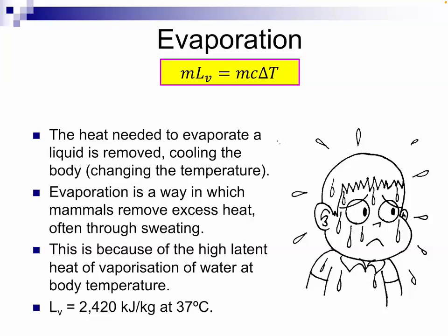So in evaporation, you have this mL is equal to mc delta T. Let's just look at what each term means. So mL comes from Q is equal to m times the latent heat of vaporization, L_V. What this equation essentially means is some heat Q is needed to evaporate the liquid, and hence you have this latent heat of vaporization.